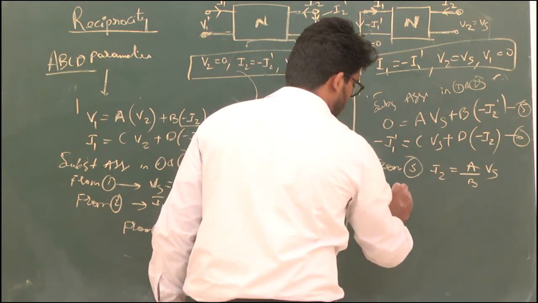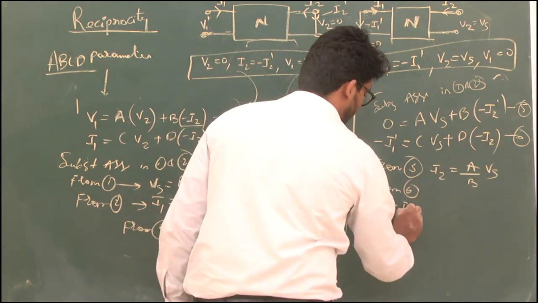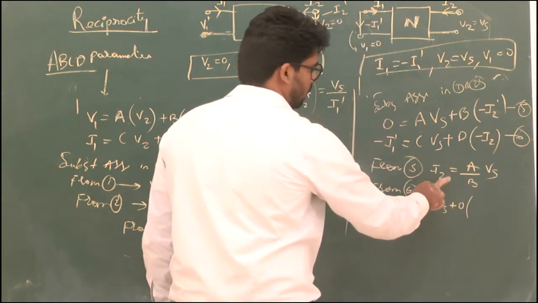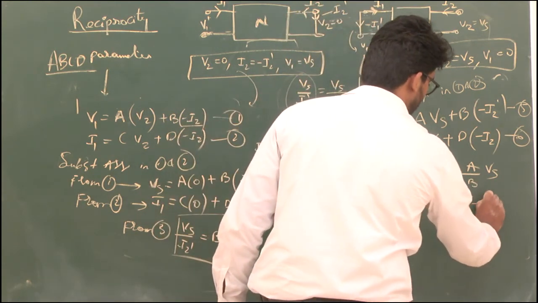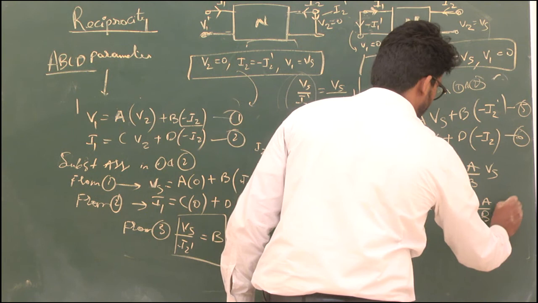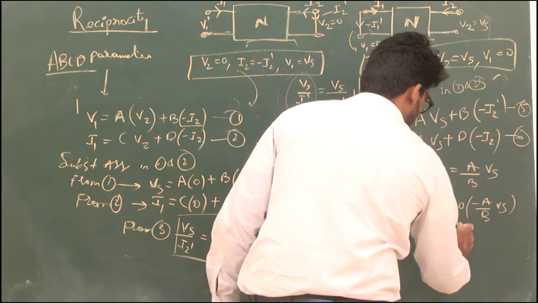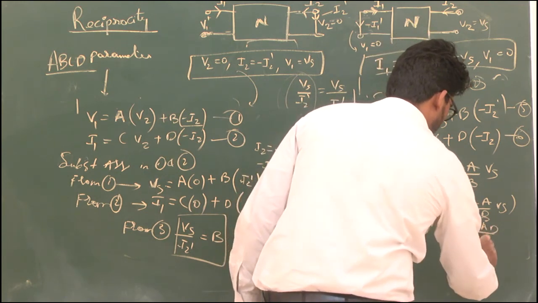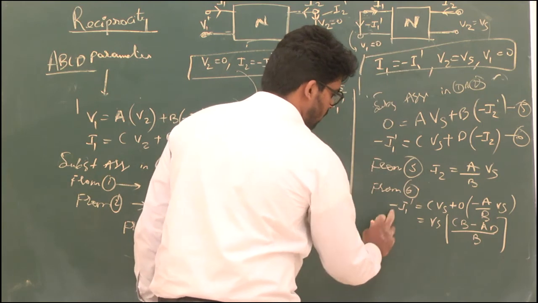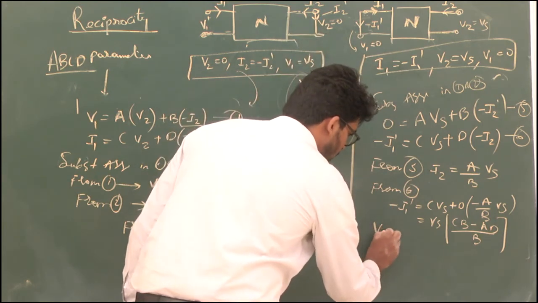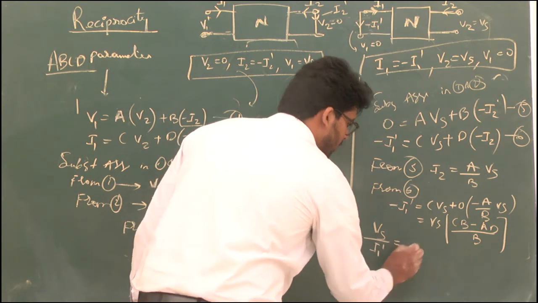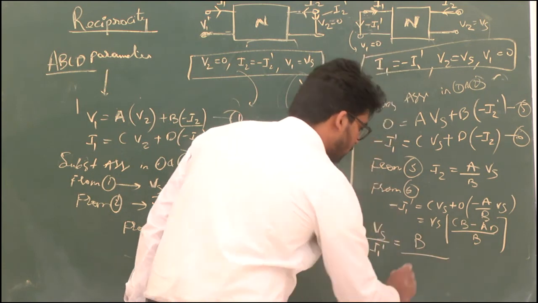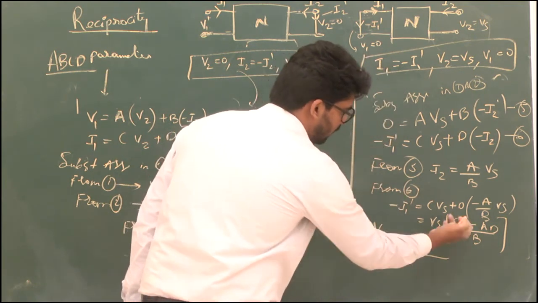From 6 you have minus I1 dash equal to C Vs plus D into minus A by B Vs. Take Vs common, you will have CB minus AD by B. We need Vs by I1 dash, so we keep that minus there.